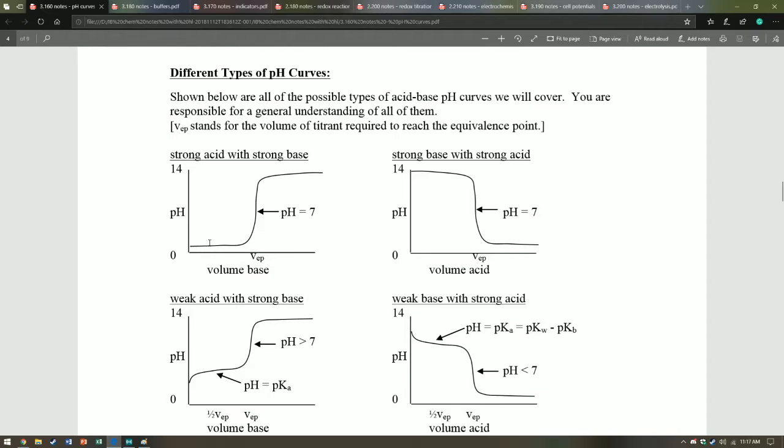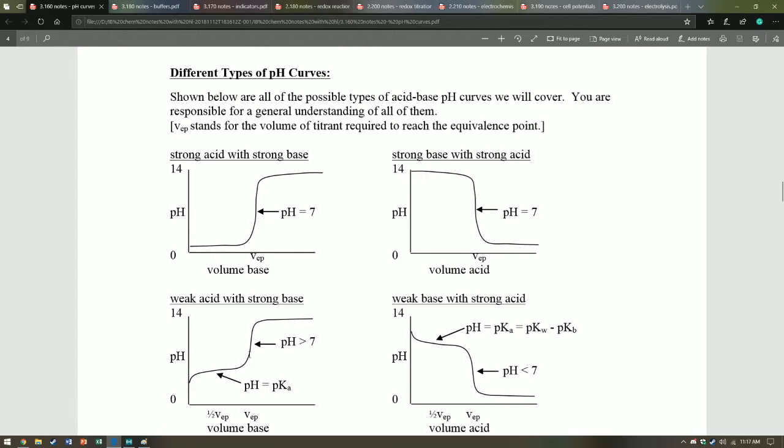Here as well, you can notice that the pH is relatively constant, but notice how it takes quite a bit of effort to get it to finally go to the pH of 7. This is technically known as the buffer region as well, but you're generally going to come into it in the context of weak acid strong base, or weak base strong acid, or whatever. There's weak and strong of something.